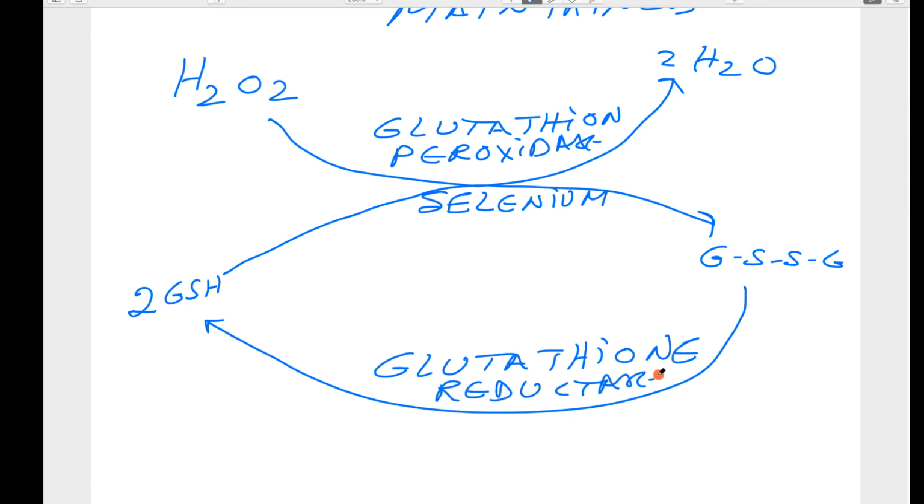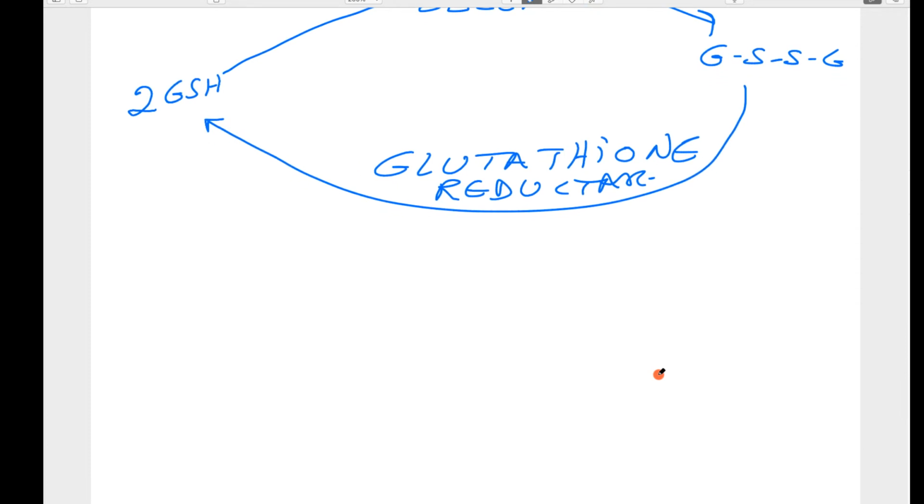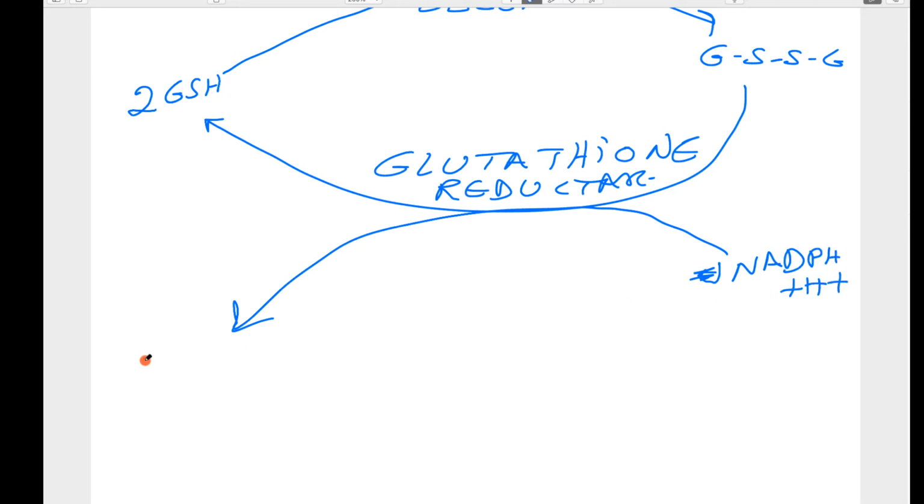Which coenzyme is required? That is the question. The coenzyme is NADPH plus H plus, which leads to formation of NADP plus. So in the presence of NADPH, oxidized glutathione is converted to reduced glutathione. The NADPH is regenerated through the HMP shunt pathway.